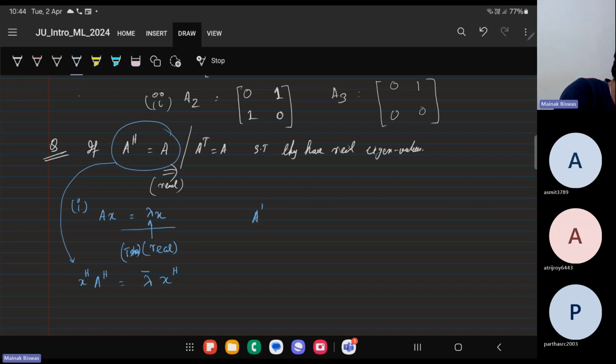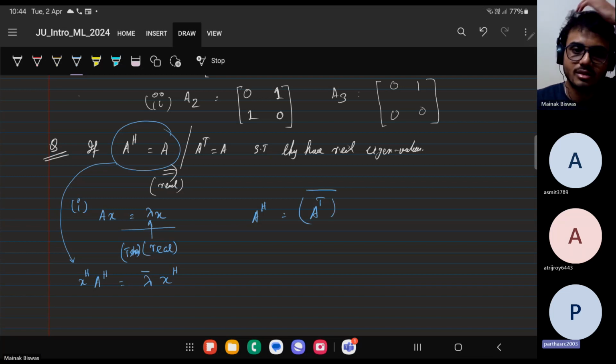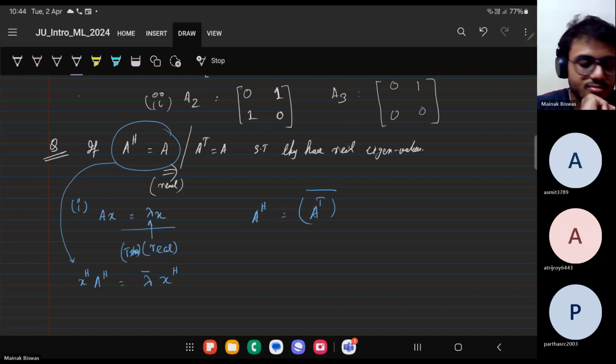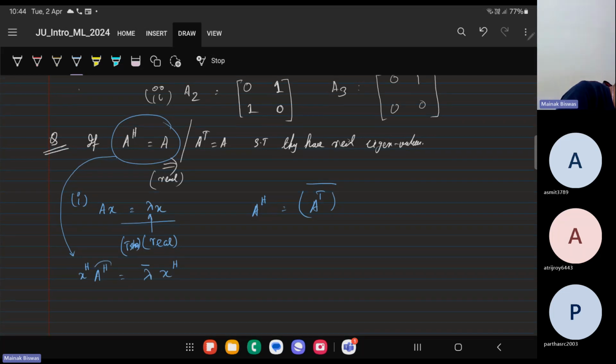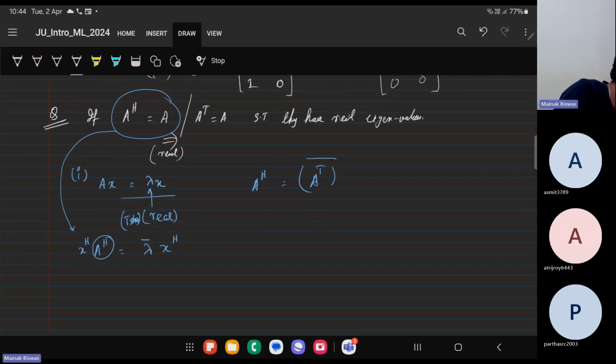A Hermitian is A transpose conjugate. So lambda becomes lambda conjugate. Now what is this? This is A. From the definition, Hermitian matrices are symmetric matrices. So x Hermitian A is equal to lambda conjugate x Hermitian. Yes or no? True.